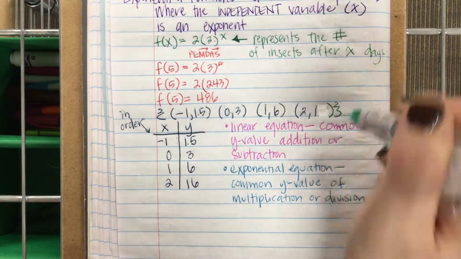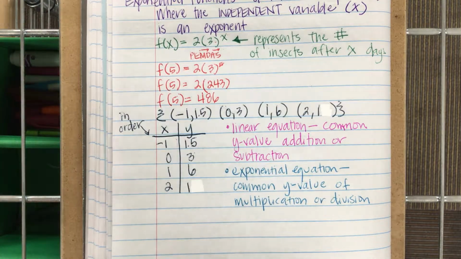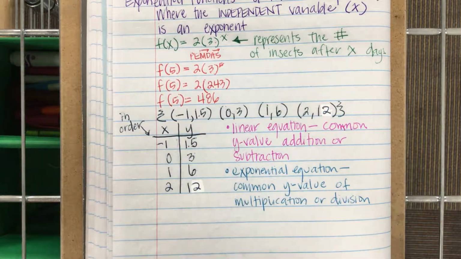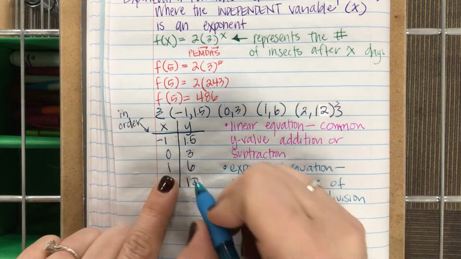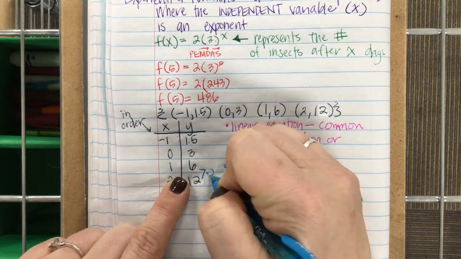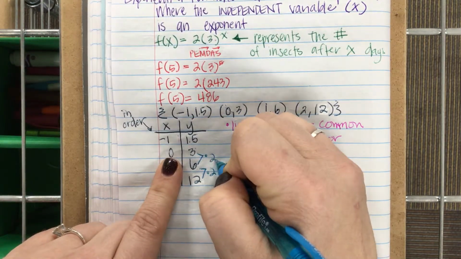I'm going to change that 16 to a 12 to make this work. So multiplication or division. So let's look. From 6 to 12, what do I multiply by? 2. From 3 to 6, I multiply by 2.